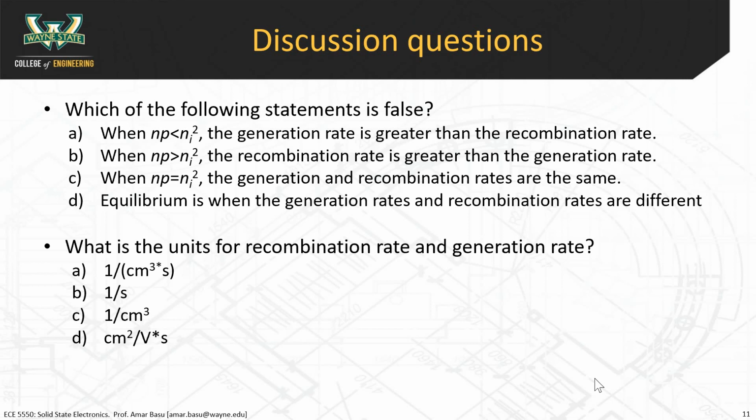And the last statement is, equilibrium is when the generation and recombination rates are different. I would like everyone to just type in their best guess, and then we'll go over it. Just for the first question, because the second question, we talked about this already. The second question is, units for recombination generation rate is 1/seconds.